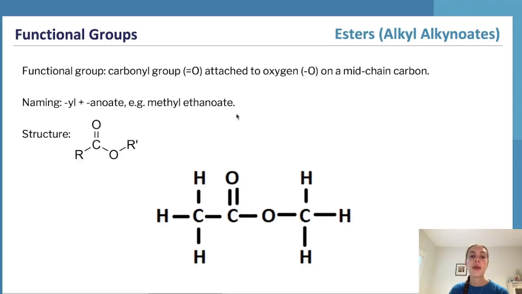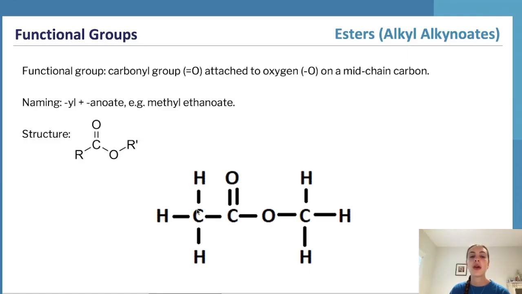So for example, methyl ethanoate. So if we look at what methyl ethanoate is here at this diagram at the bottom, we can see the methyl part is this additional section here, whereas the ethanoate part is the section which has the carbonyl group attached to it.